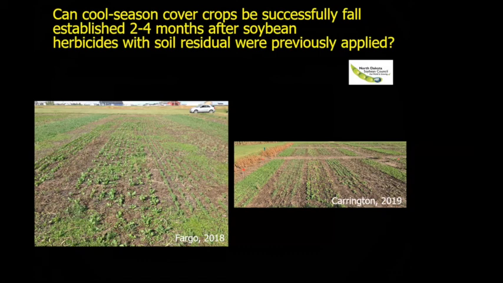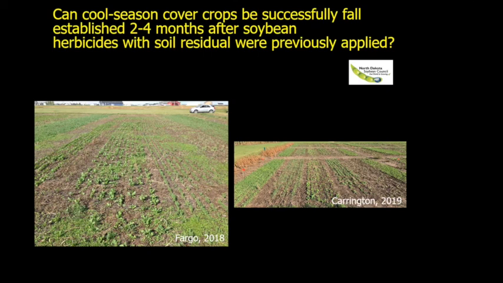If a person considers that strategy, what is the impact if we use herbicides earlier in the year on the soybean for weed management that have soil residual that could have a negative impact on the cover crops?